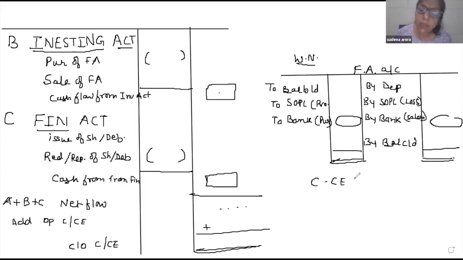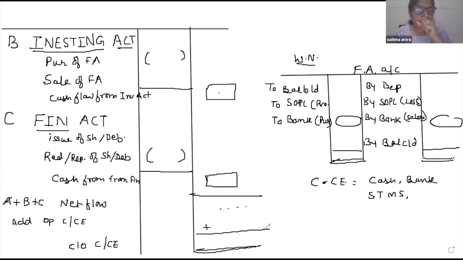Cash and cash equivalent means cash balance, bank balance, short term marketable securities. Okay, so these are treated as cash and cash equivalent. Opening balance given in the question, and you can match your answer.